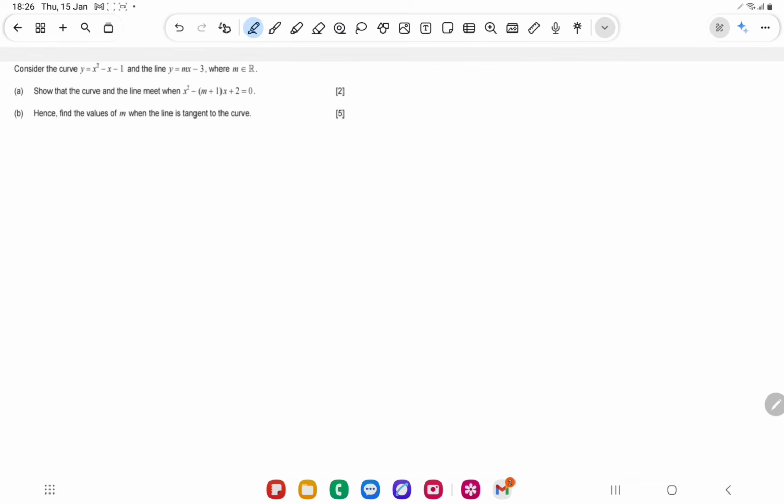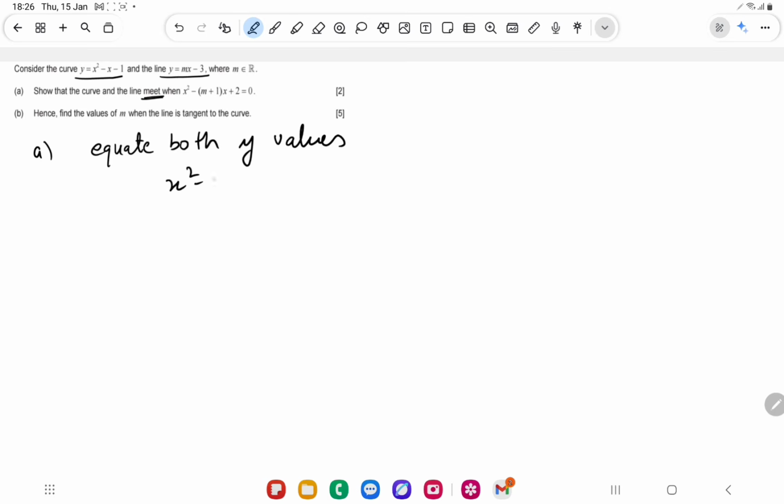Now in this question we have a curve equation and a line equation. It says show that the curve and the line meet when this. Meet means both will have same y value. So for A part I can equate both y values.